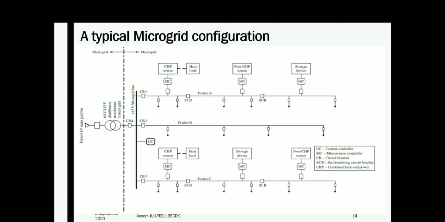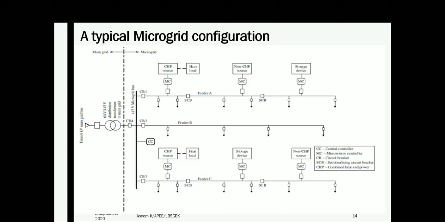The microgrid is coupled with the main grid, that is the medium voltage utility grid, through the PCC, the point of common coupling, and through the circuit breaker CB4. CB4 is operated to connect and disconnect the entire microgrid from the main grid as per the selected mode of operation, whether standalone or grid connected.